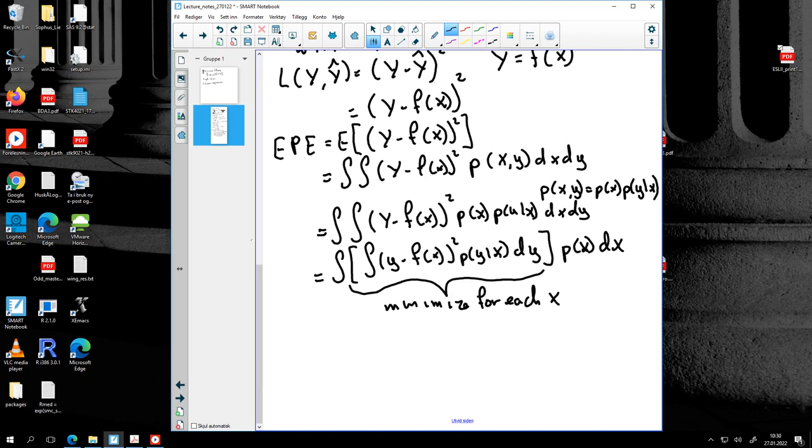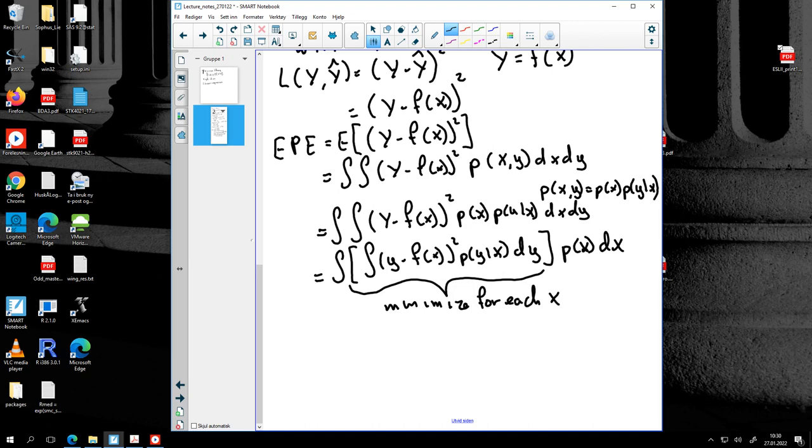So instead of considering all x's at the same time, you could just look at one fixed x and then minimize the expression inside the integral. And if we are able to do that for any x, then we have the function that we need.